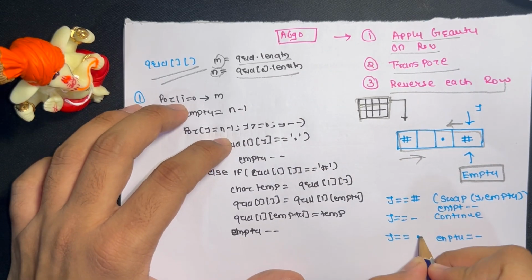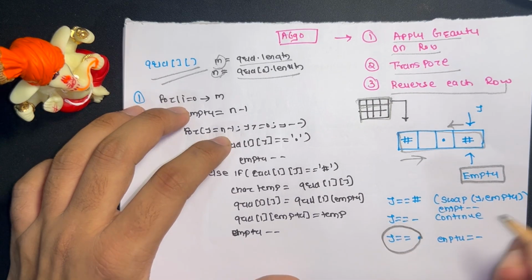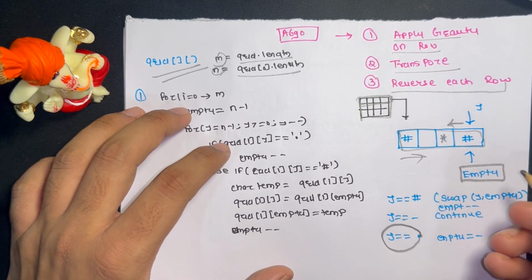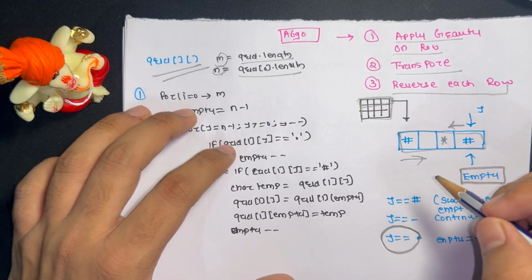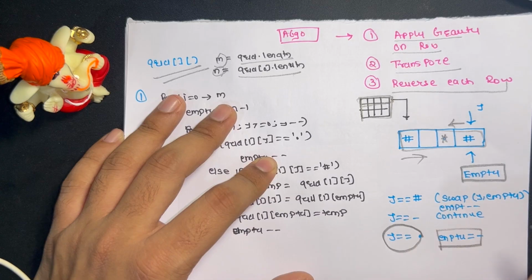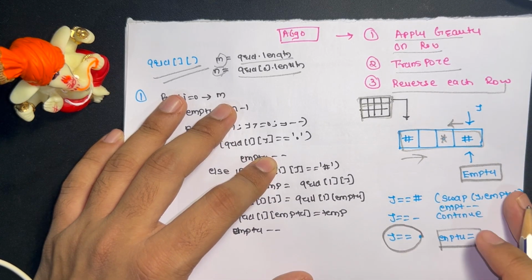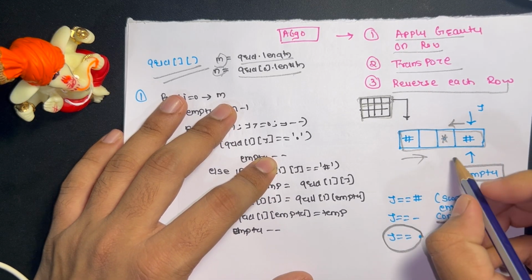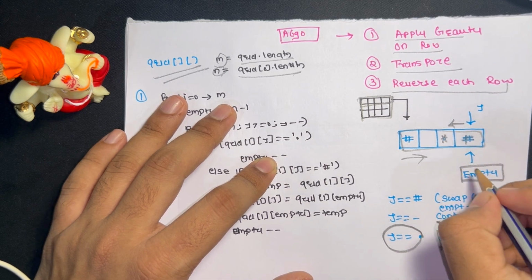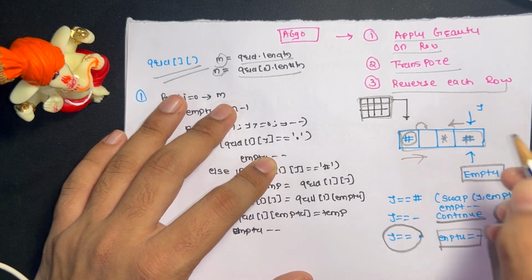Whenever we encounter a star, it means there is an obstacle, so we can't swap any stone there, so we will just move the empty pointer minus minus. Whenever a blank cell is present, we can continue, and whenever we find a hash or a stone, we can just swap it to the correct position.